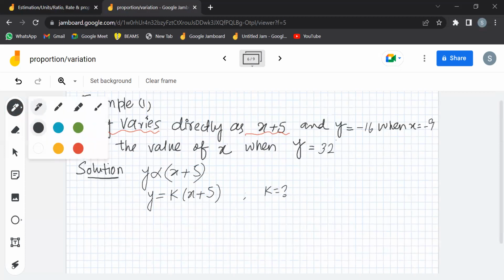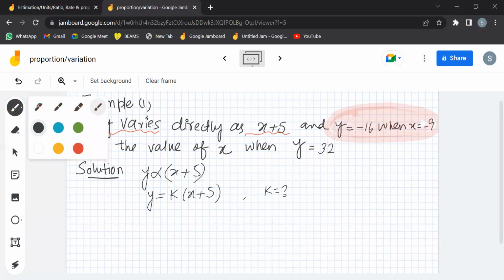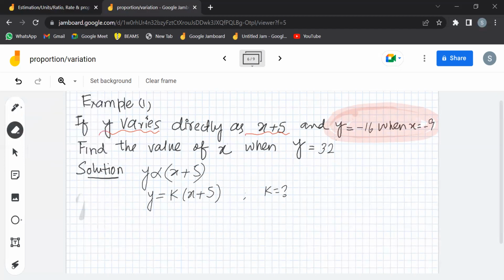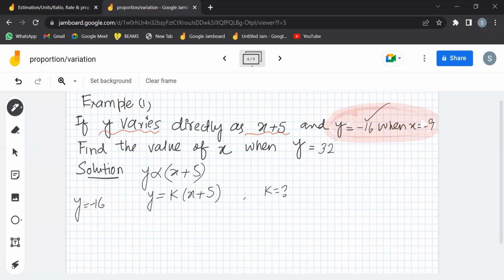And for k, we have the information. This information can give you the value of k, and this way you can complete the formula. When y is equal to minus 16, x is equal to minus 9.